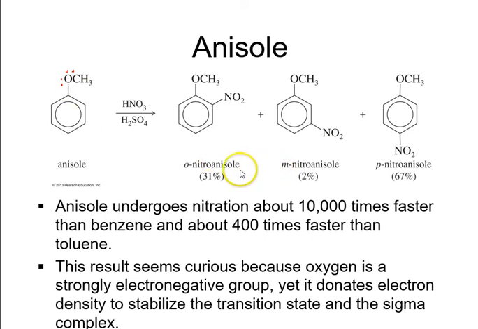You get mostly ortho-para. So oxygen is an ortho-para director. What we're looking at is the group that's directly attached to the aromatic ring. Now, notice we get more of it at the para. This would make sense because you have a relatively large group. As this gets bigger, it's going to block more and more of those spots. On the next video, we're going to talk about why.